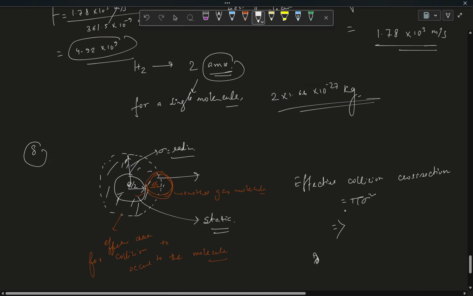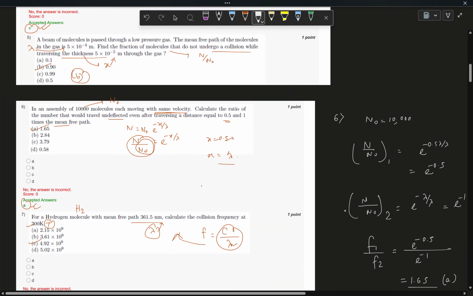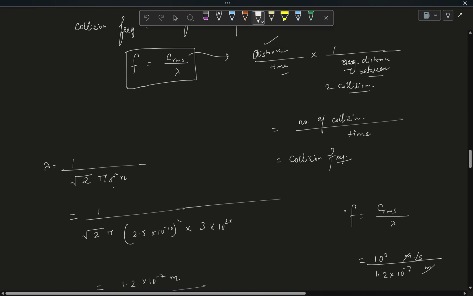So let us go back and see what the question was and what things they have provided us. We have lambda and we have STP, standard pressure and temperature, right?